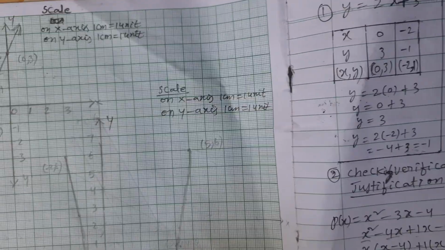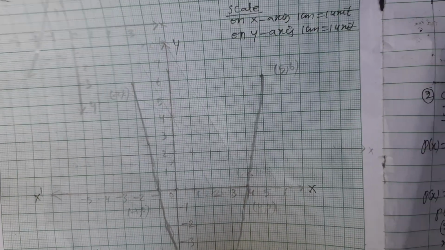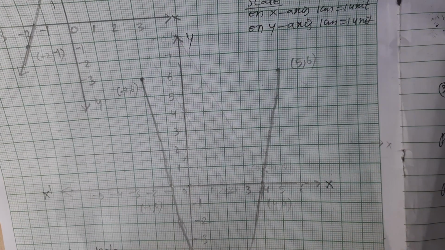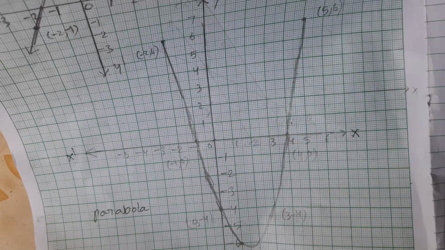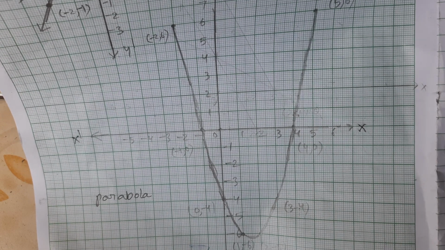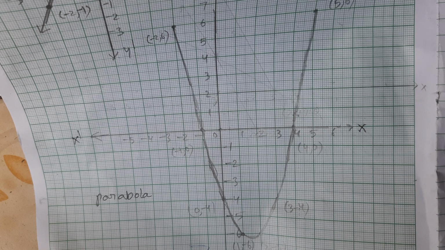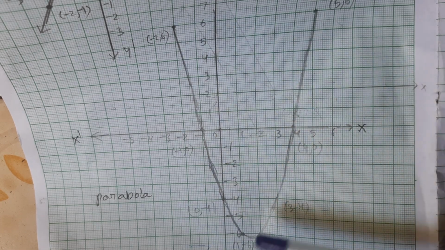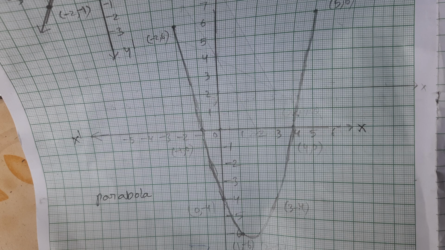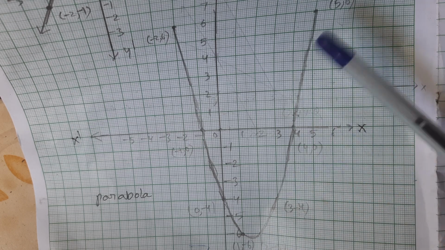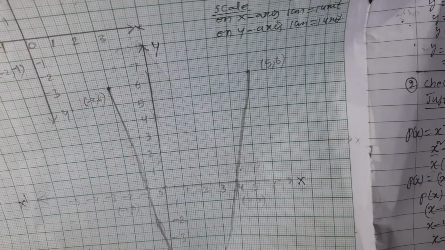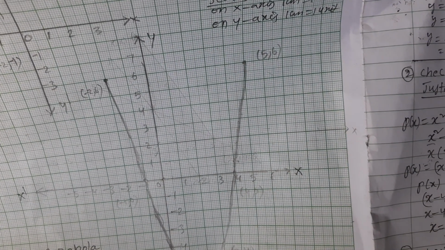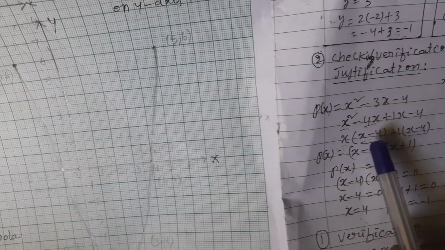Now I am showing in a graph how to plot. Now we are going to plot the graph. How it is coming means it is a parabola, open upside on the y-axis, because y is equal to x square, positive value is present.